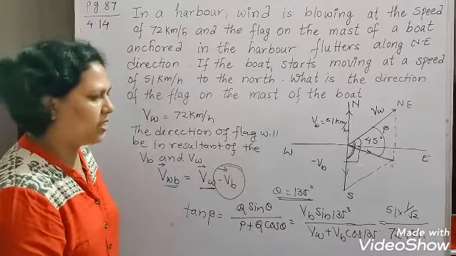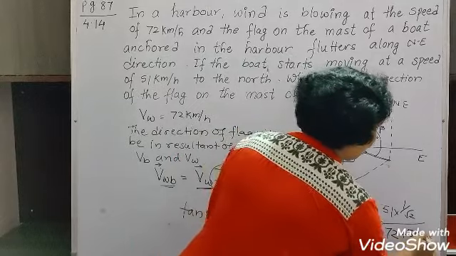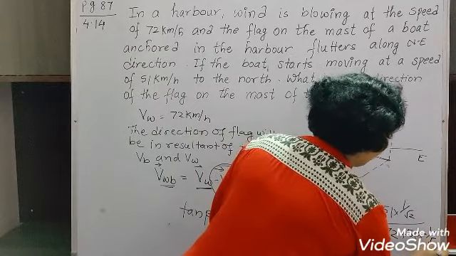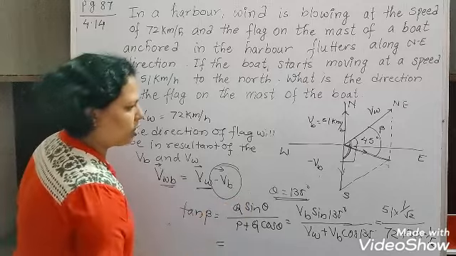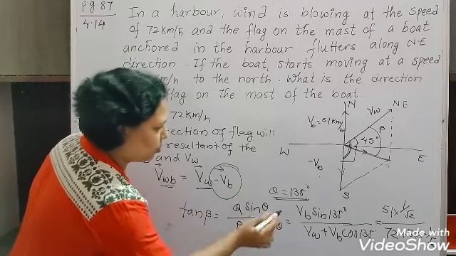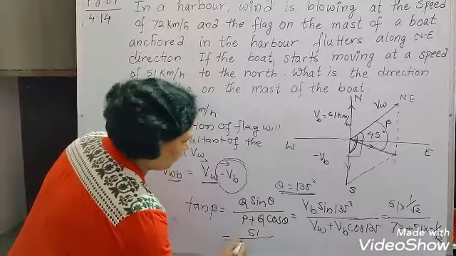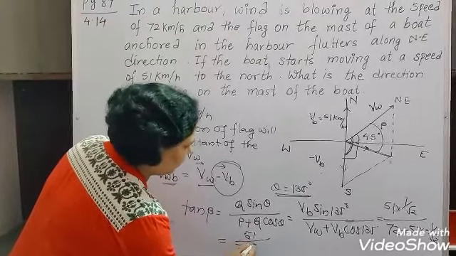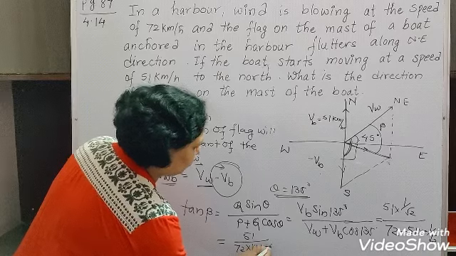So the value will be the same, 1 upon root 2, but this time negative, so minus 1 upon root 2. Now root 2 will cancel, so it is 51 upon 72 multiplied by 1.41 minus 51.